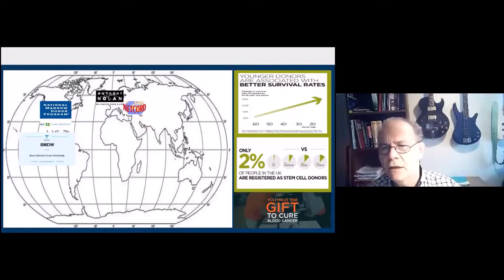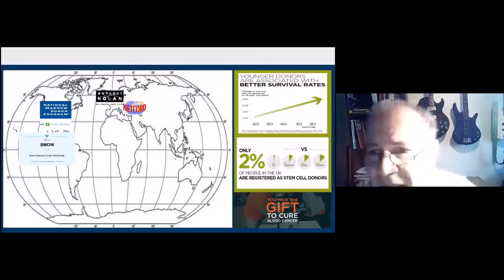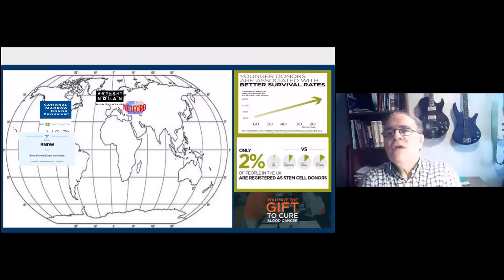You can see on the right that only 2% of people in the United States are registered as stem cell donors, and you have to know the younger donors are associated with better survival. It is very important to introduce the needs of potential donors in our countries because you have a gift to cure blood cancers and other malignancies.